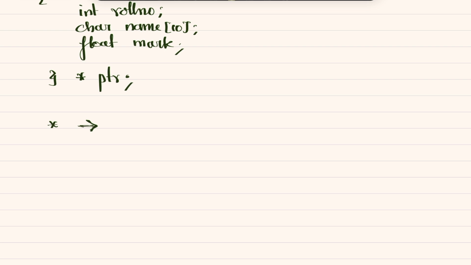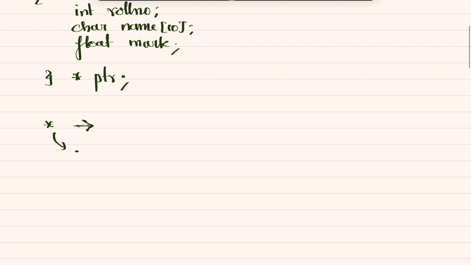We are going to use these two operators in our linked list implementation. The asterisk operator is used with the dot operator, and the arrow operator is the membership operator. All the members are accessed with the help of the pointer and arrow, for example the roll number. Likewise we can access the structure members.